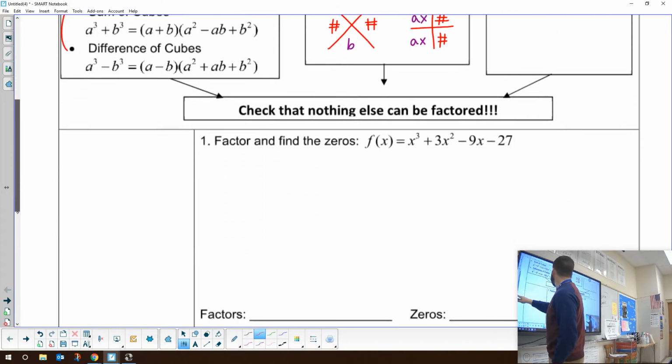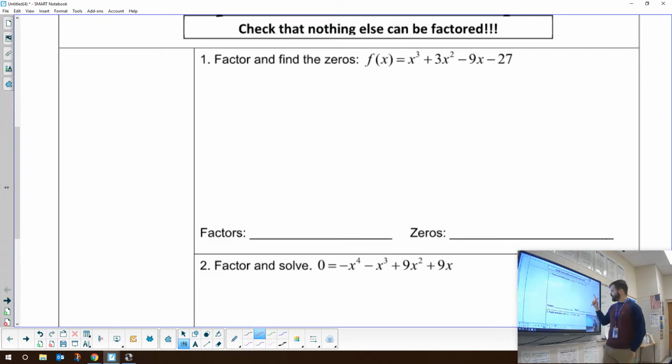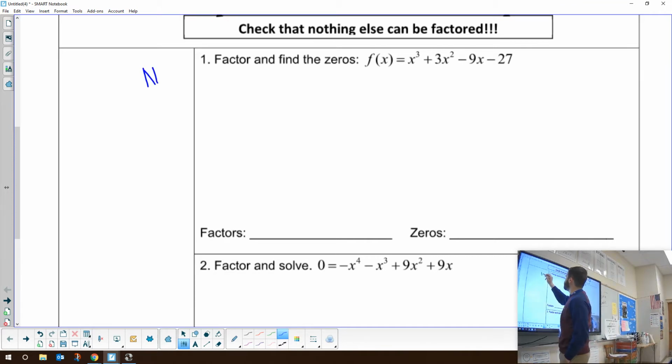Number one says factor and find the zeros for this. You'll notice, first off, we look for a GCF between all of these. And we can see that on this problem, there is no GCF. All right, then we're going to try to factor by what's called grouping.